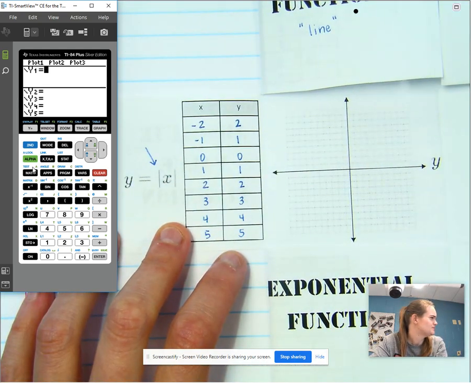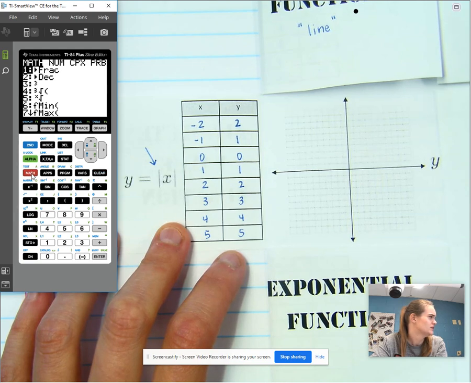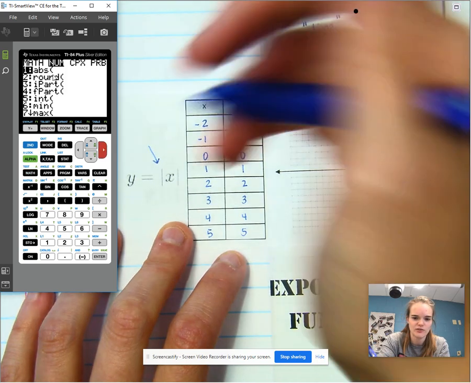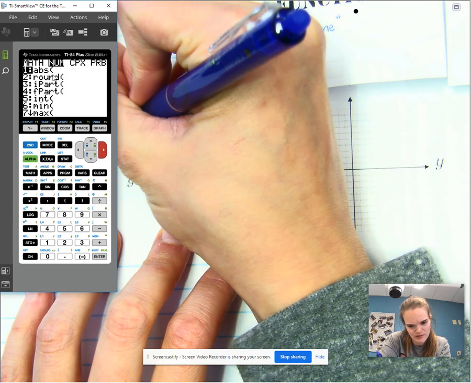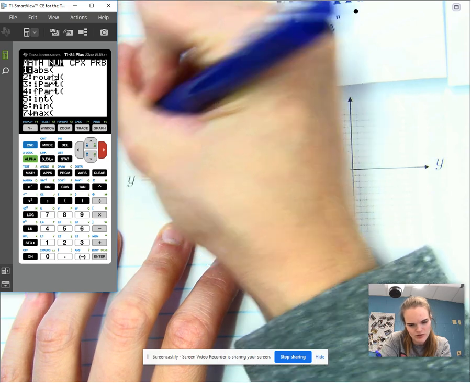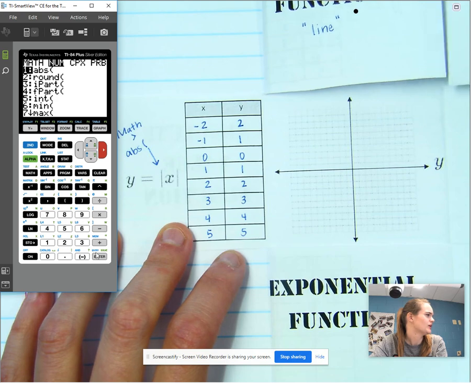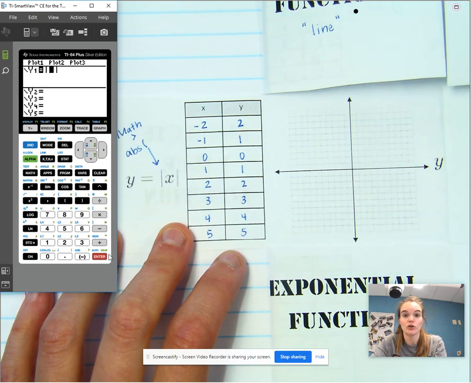You press the math button, which is right underneath alpha. You go over, and there it is, ABS. So you press math, go over, and you're looking for ABS. Okay, and we're going to press enter. There are my bars, okay? Then I press X.